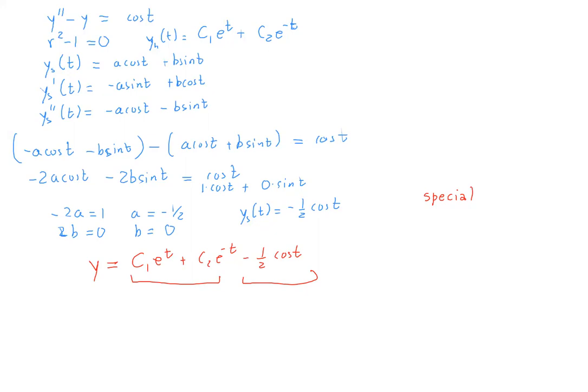Could you please try to solve the following one? y double prime minus y prime is equal to 5. 5 is a polynomial of degree 0, right?